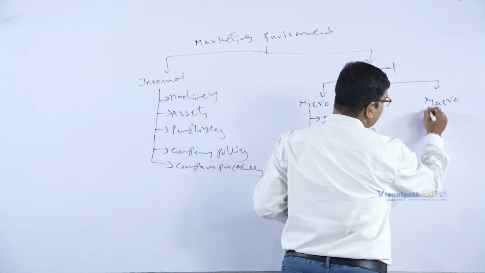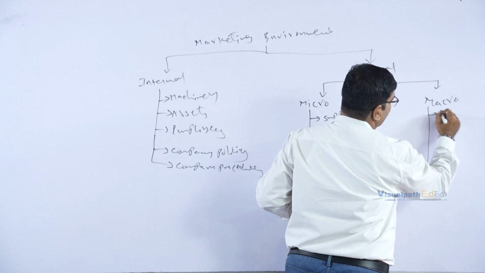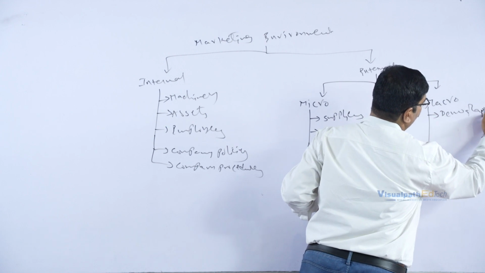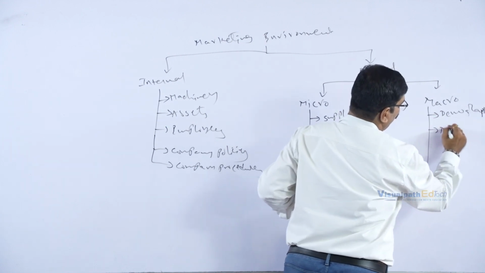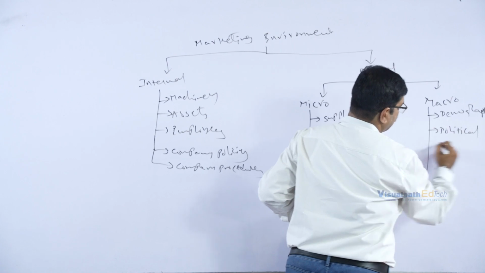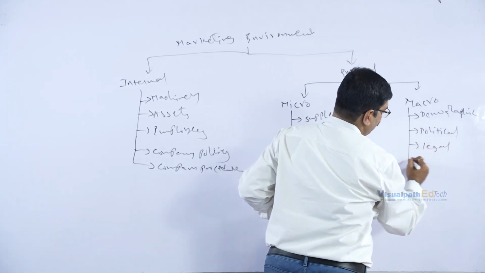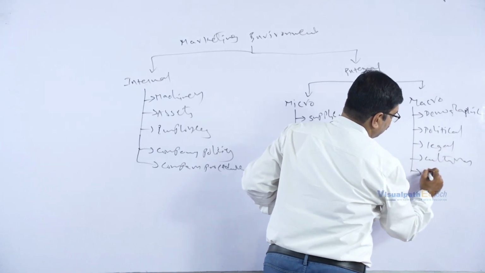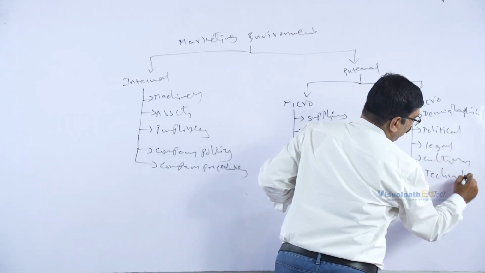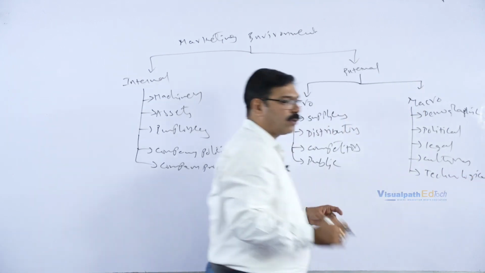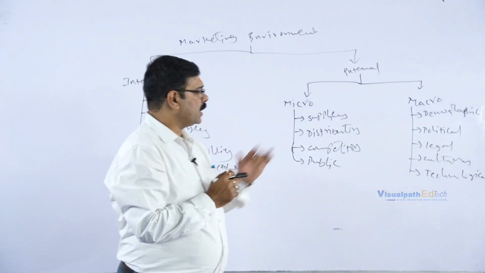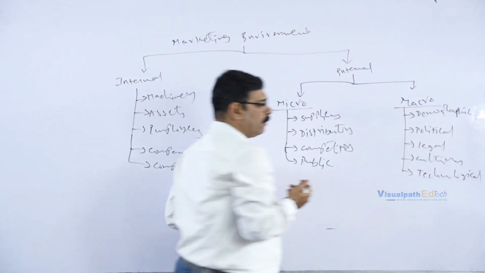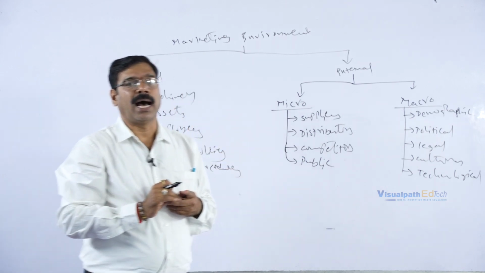But when it comes to the macro environmental factors, these are the demographic factors, political factors, legal factors, cultural factors, and the technological factors. All these are uncontrollable factors. Simply to understand, micro environmental factors are partially controllable and macro environmental factors are uncontrollable.